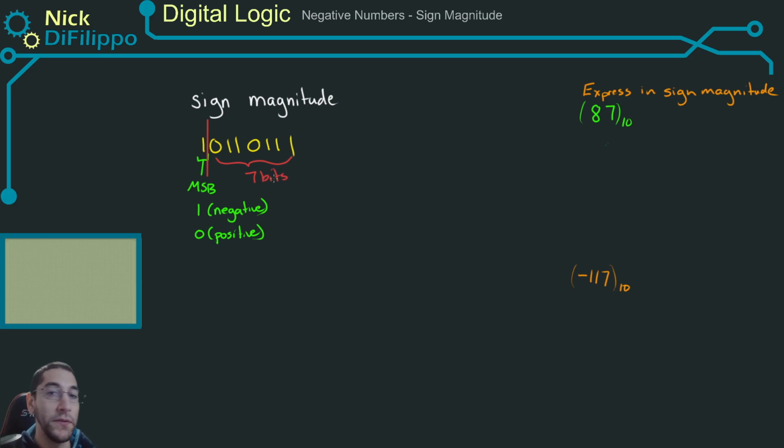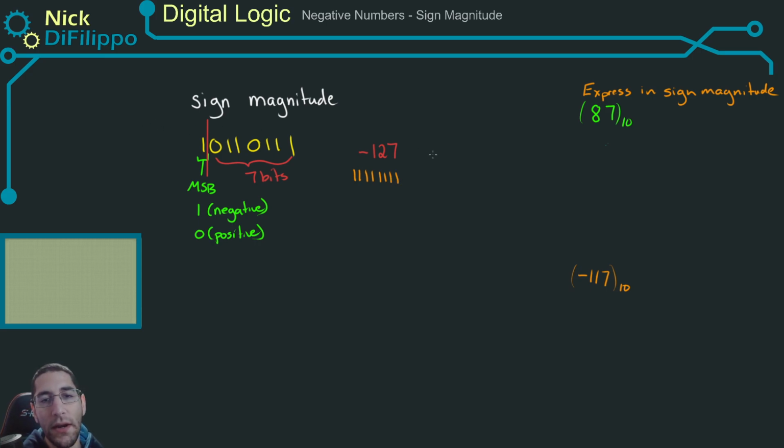And we can then only represent numbers that can be represented with 7 bits. Well, in a 7-bit number, that means we can represent numbers from minus 127, and that would be if all of our bits were 1, so we have 8 ones.